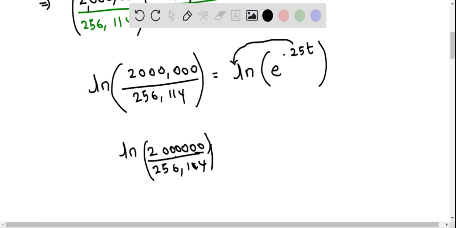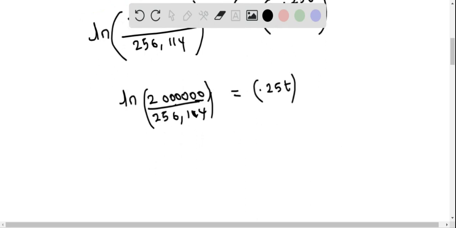And on the right side we will get 0.25t multiplied with the natural logarithm of e. But natural logarithm of e is 1, so we can ignore this expression because 0.25t times 1 is just 0.25t.